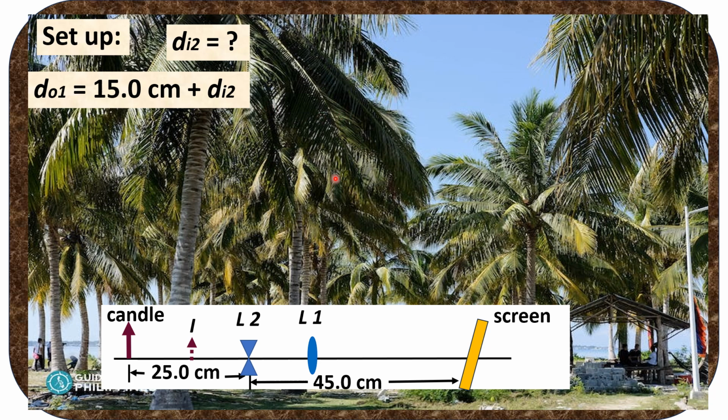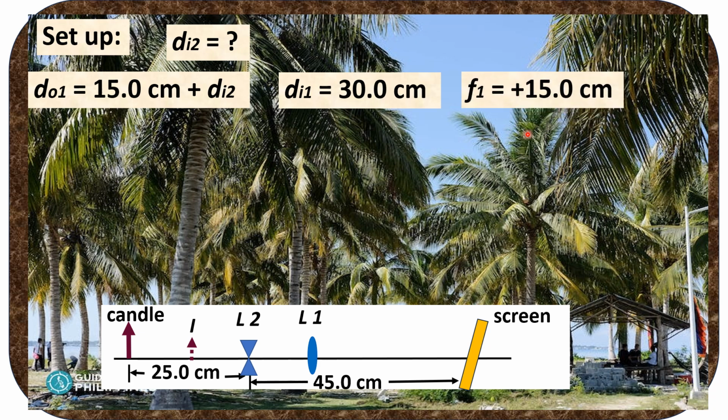Now, as far as the converging lens is concerned, the image distance, d sub I1, is still equal to 30.0 centimeters. And its focal length, f sub 1, was already calculated earlier, which is positive 15.0 centimeters.